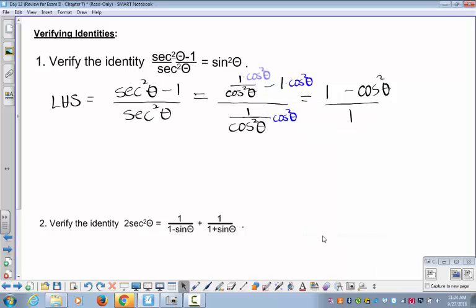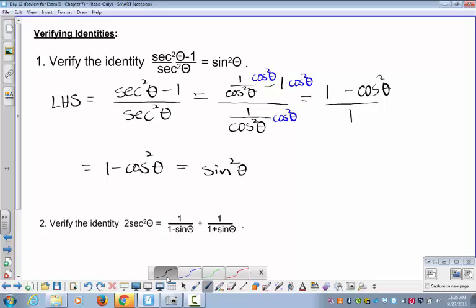Multiply each of those by cosine squared of theta. Now we're pretty darn close to the end. So that's going to be 1 minus cosine squared of theta, and 1 minus cosine squared of theta is sine squared of theta. Exactly. And that's the right-hand side.